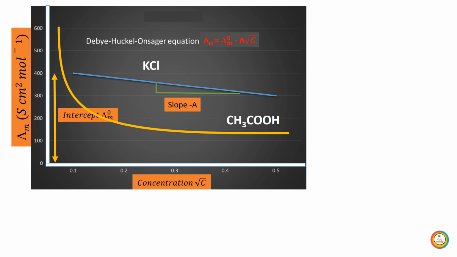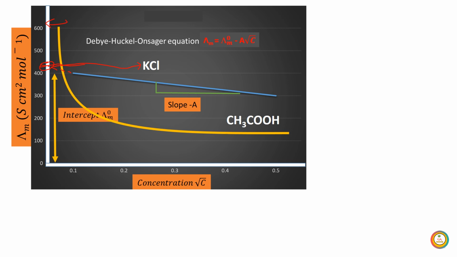The method is known as extrapolation. By the extrapolation method, we find the value for KCl like this. Now this line intersects here, so this is the value for KCl. But in the case of a weak electrolyte like acetic acid, this line is parallel to the y-axis.